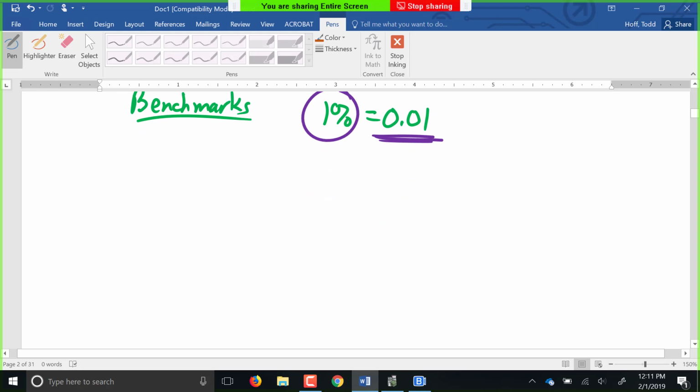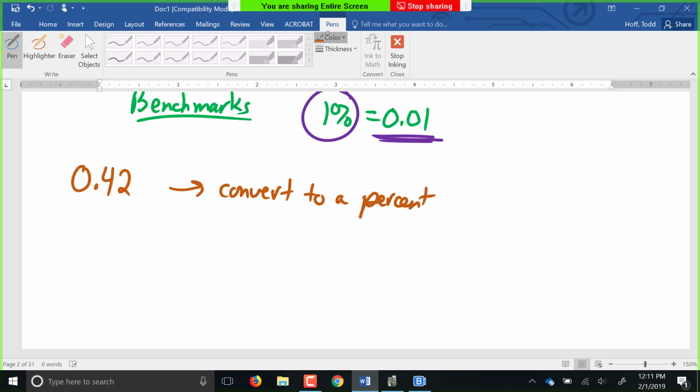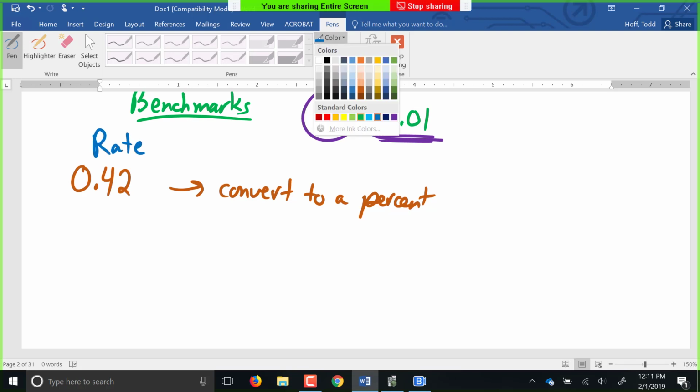We might have things like 0.42 as a decimal, and we want to convert to a percent. Well, a decimal is what's actually referred to as a rate. And rates are typically in what we call unit rates.